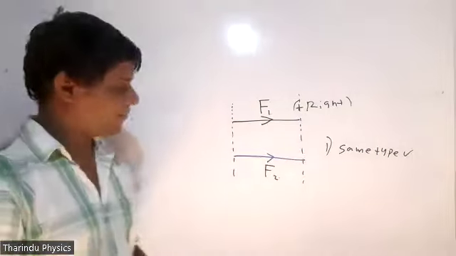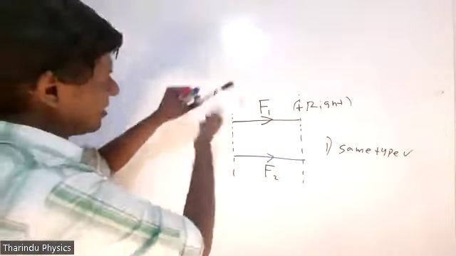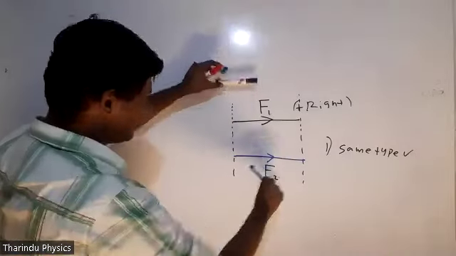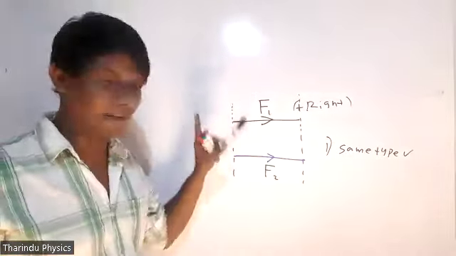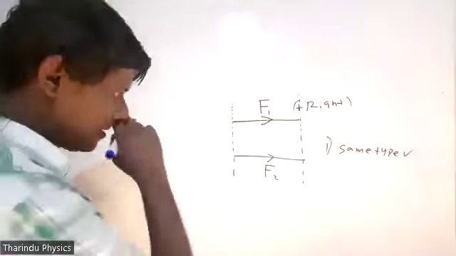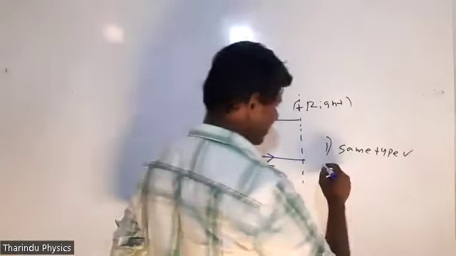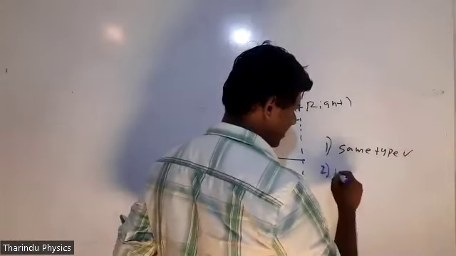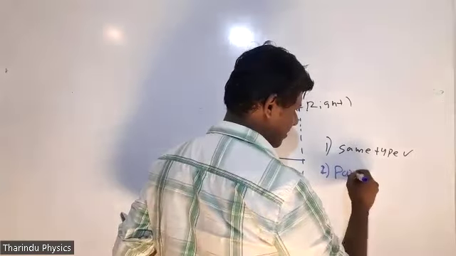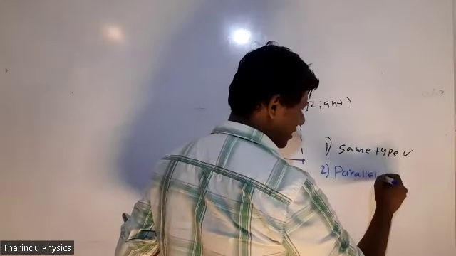Now the next thing is parallel to each other. If one vector is going here, and an equivalent vector is going here, no, it will never be an equivalent vector. Why? It's not parallel. So the second thing is that they should be parallel to each other.